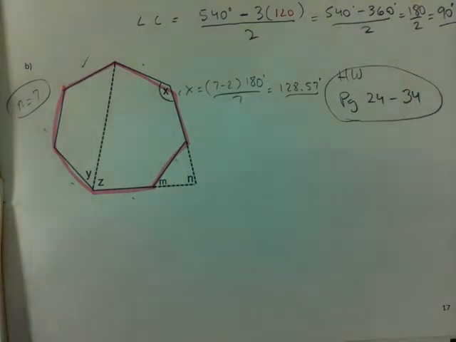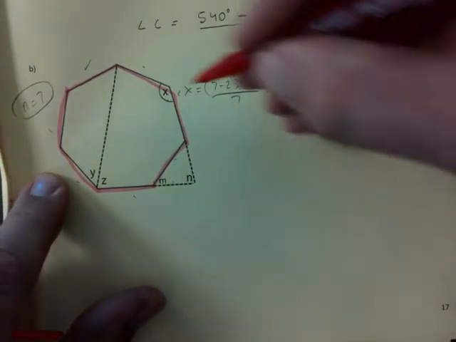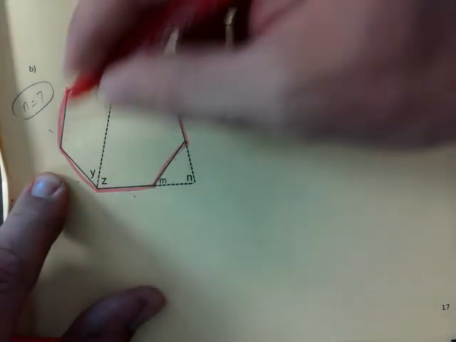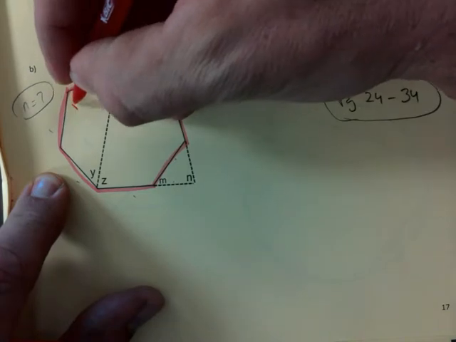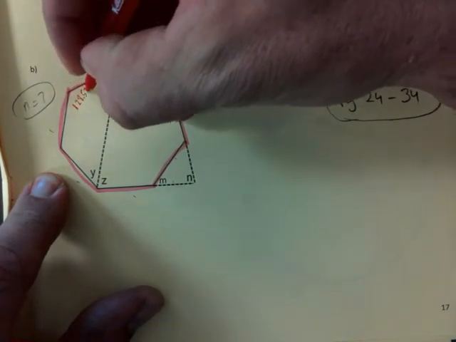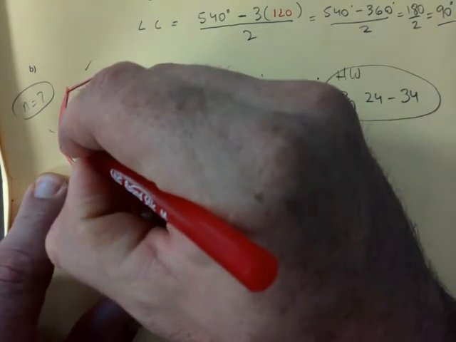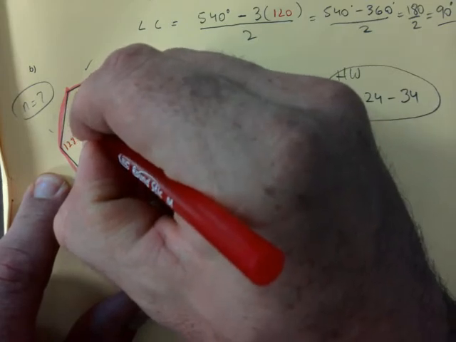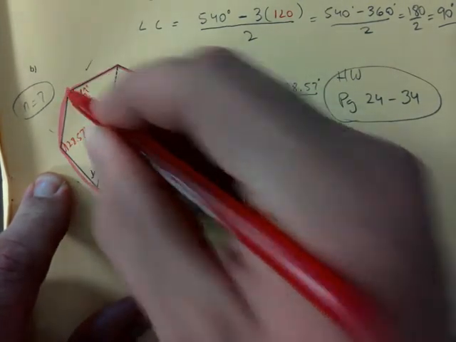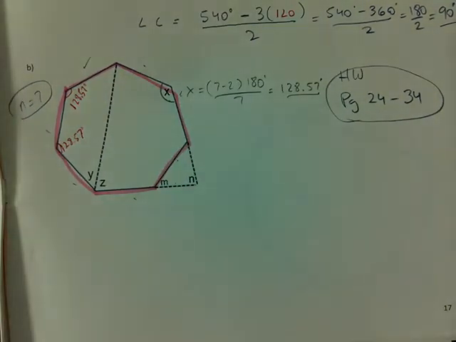Immediately, you know that what you found is the interior angle of this big polygon, which is also 128.57 up here and 128.57 up here. You found these two. In our formulas, what do I call them? Lowercase a, my interior angle.